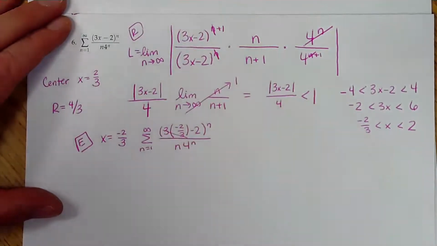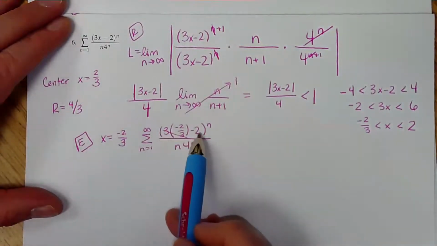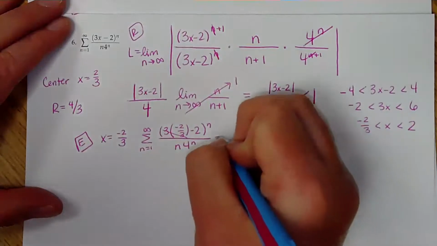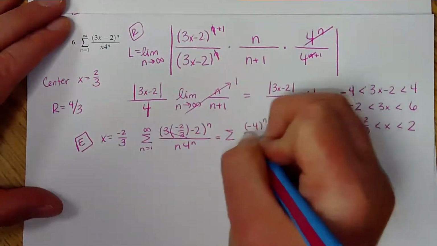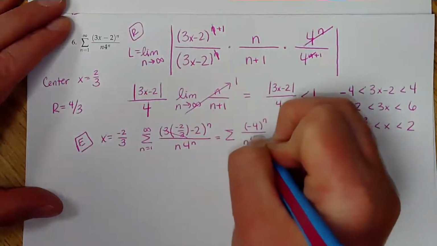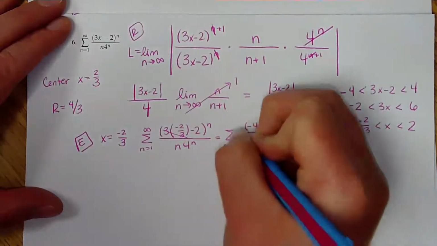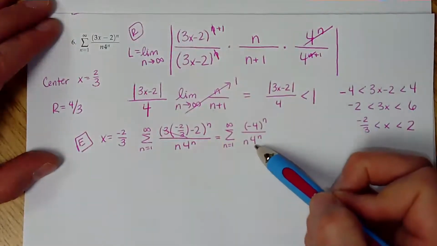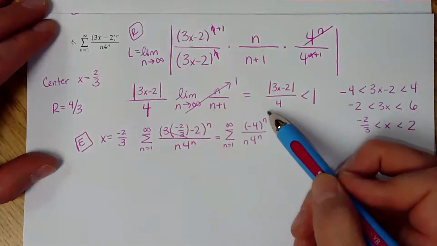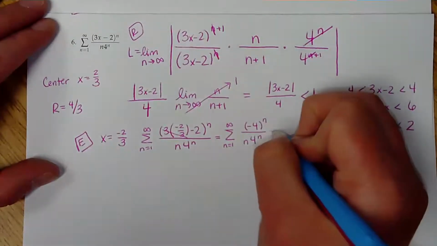So those 3's cancel out, and I have negative 2 minus 2. So that gives me a negative 4. I have a negative 4 to the n over n times 4 to the n. Okay. So this 4 to the n and the 4 to the n are going to cancel. I'm left with a negative 1 to the n over an n.